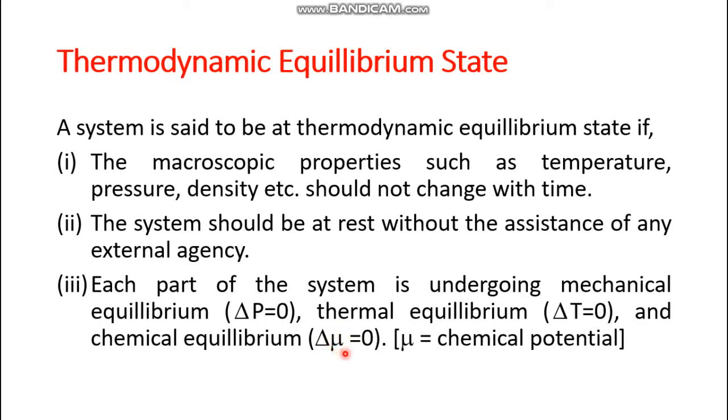This part will definitely be discussed in the next part of this thermodynamics lecture. So if these three types of equilibrium are established in each part of the system, then the system is said to be at thermodynamic equilibrium state.